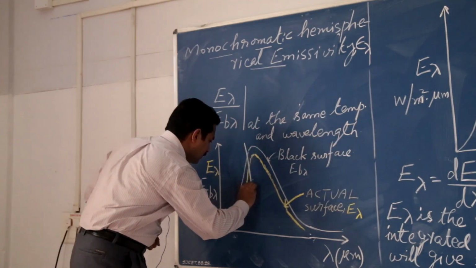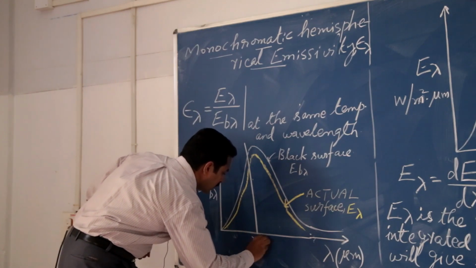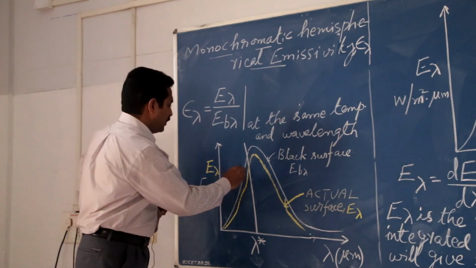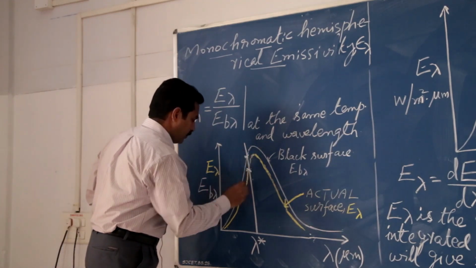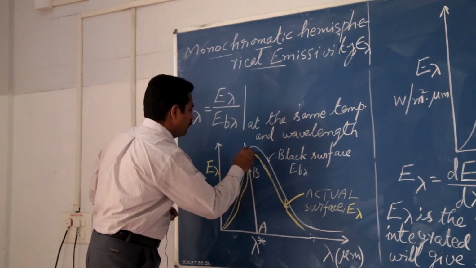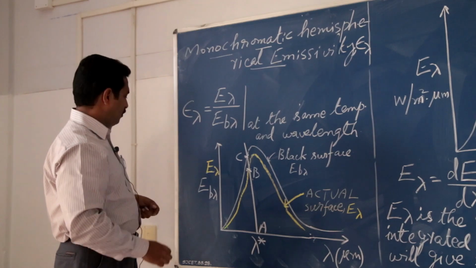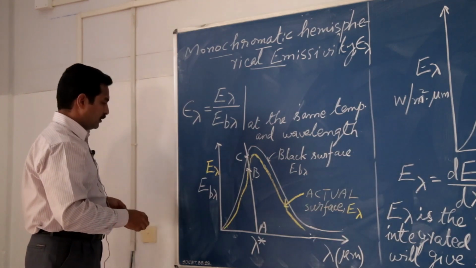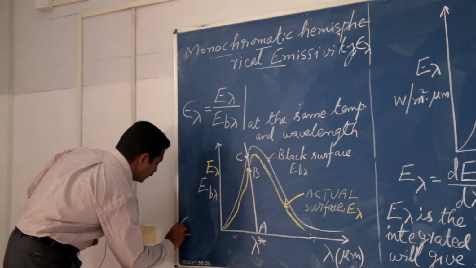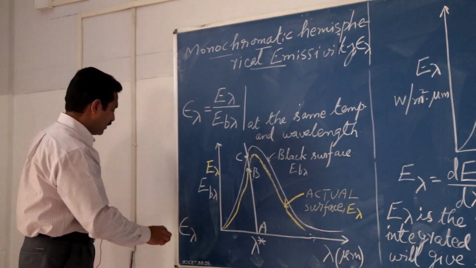If I take a particular wavelength, denoted lambda star, at a particular temperature, and label the points A, B and C, then AB by AC is nothing but the spectral or monochromatic hemispherical emissivity.